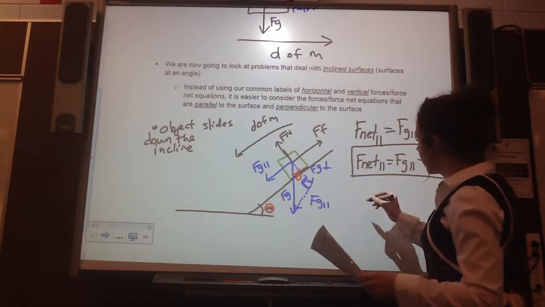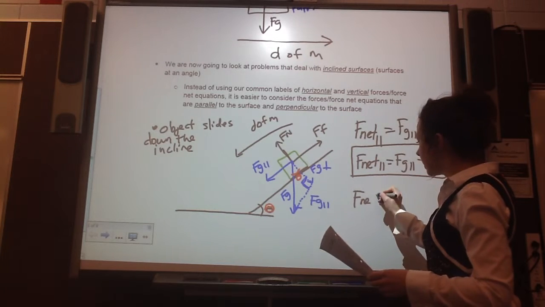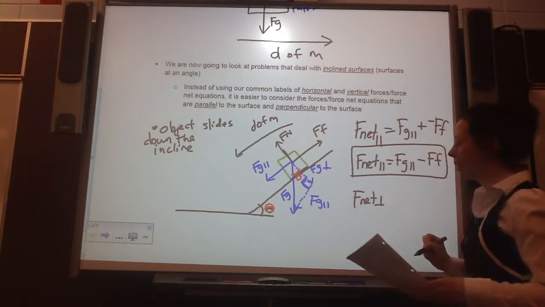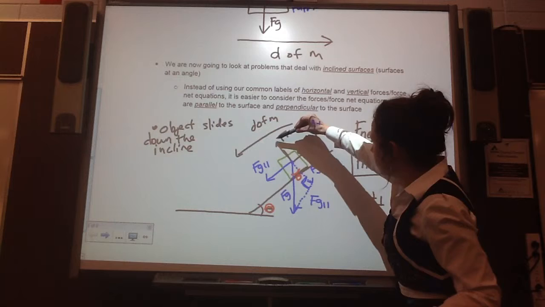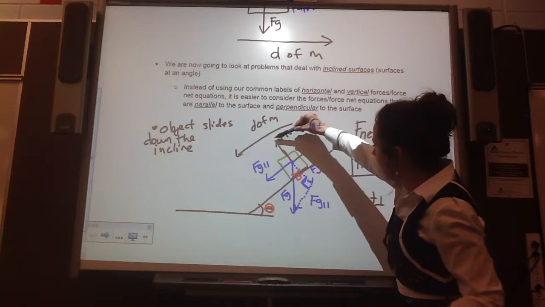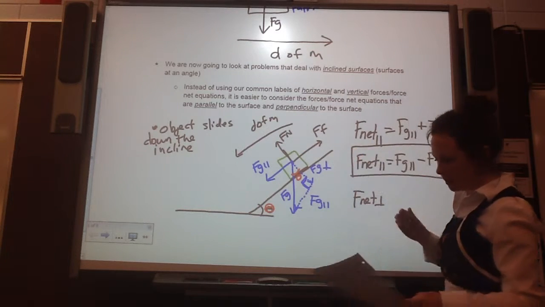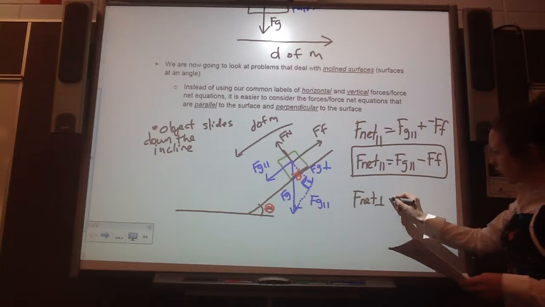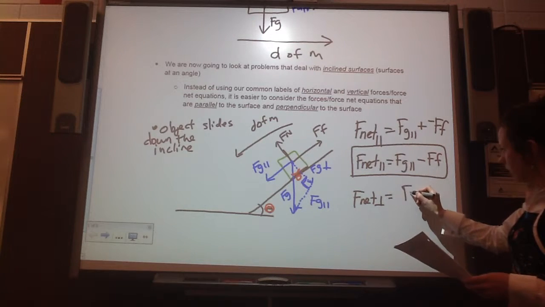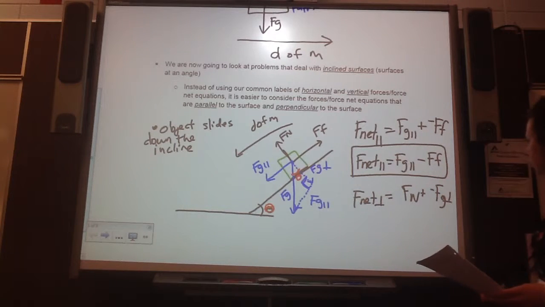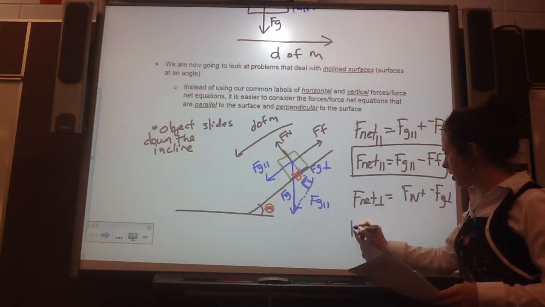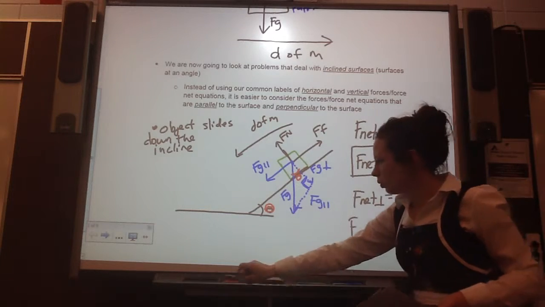Then there might be cases where you need to find F-net perpendicular. So now I look at everything that's perpendicular, and that's Fn and FG perpendicular. So this is equal to Fn plus negative FG perpendicular. Again, I can simplify that. Oh, one more thing.